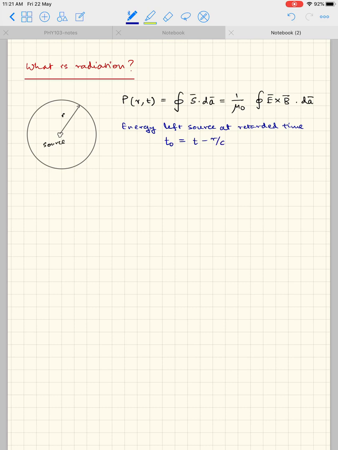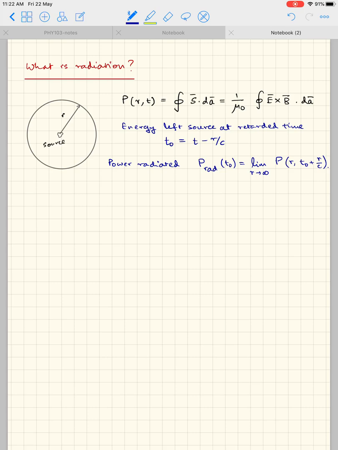So the power radiated, let's call it P rad at t naught, is going to be the limit as r goes to infinity of P(r, t naught plus r over c). Okay.